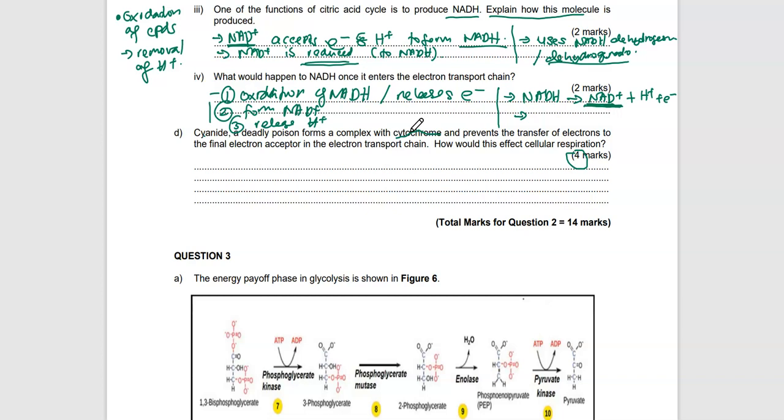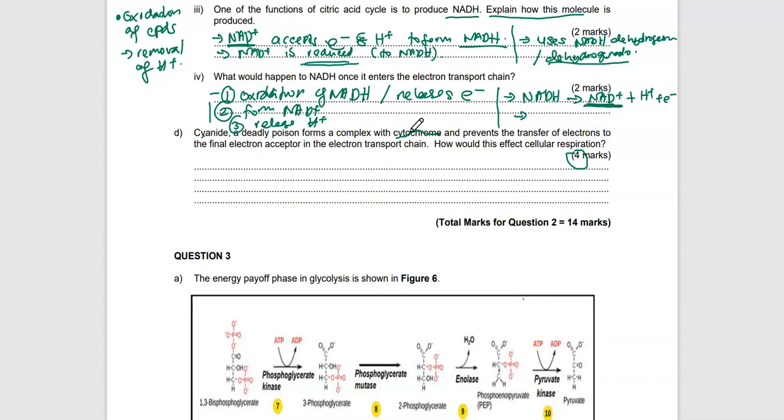If the electron cannot be transferred, no proton motive force will be generated. The next point is that chemiosmosis cannot occur, so no ATP or no energy will be produced.